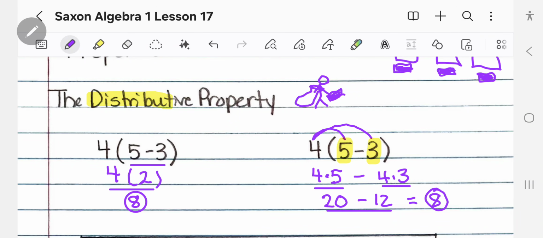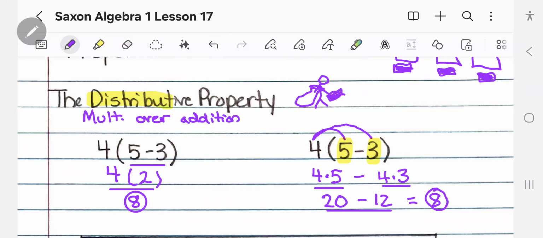Now, I know you may say, wait a second, this is not addition, this is subtraction. But remember, we call that algebraic addition because it's like adding the opposite. You're going to get the same answer. So this book calls it algebraic addition. The distributive property's technical name would be the distributive property of multiplication over addition.